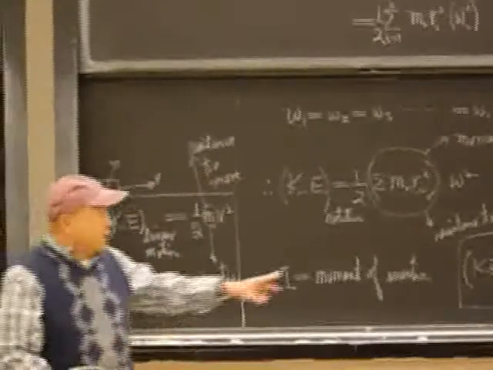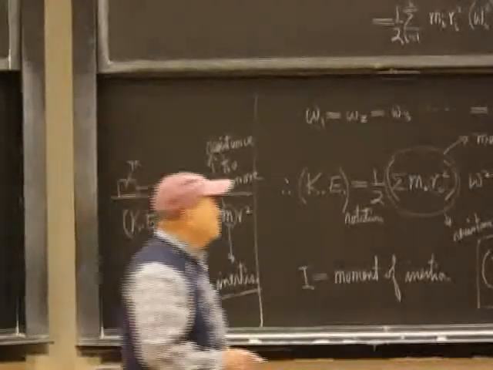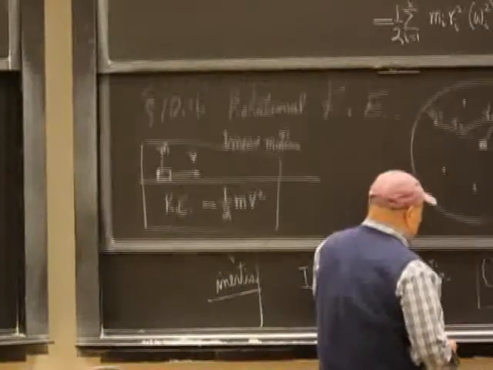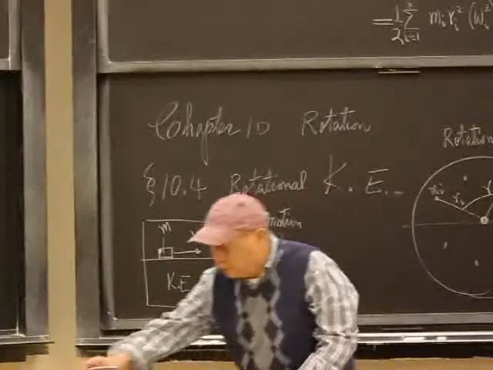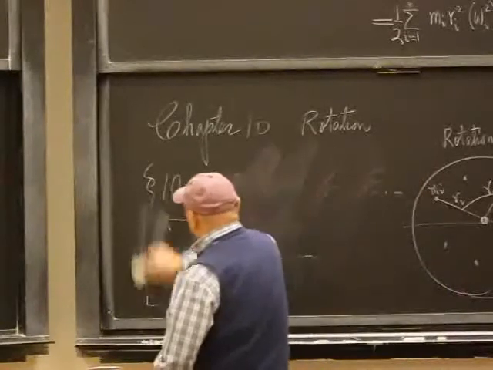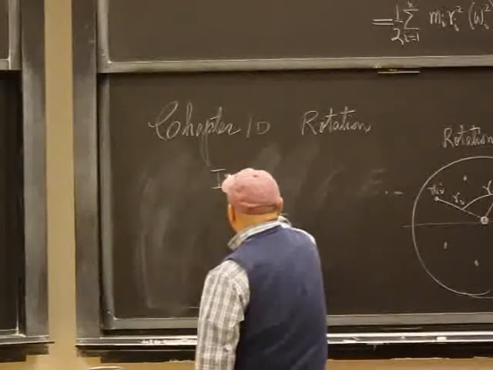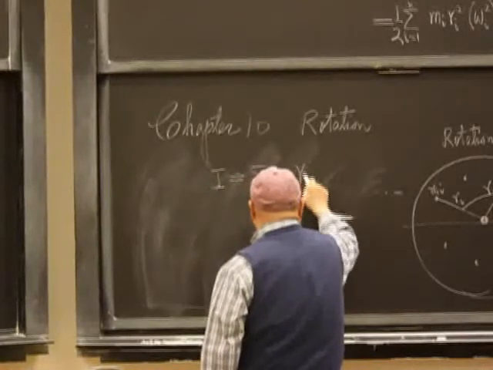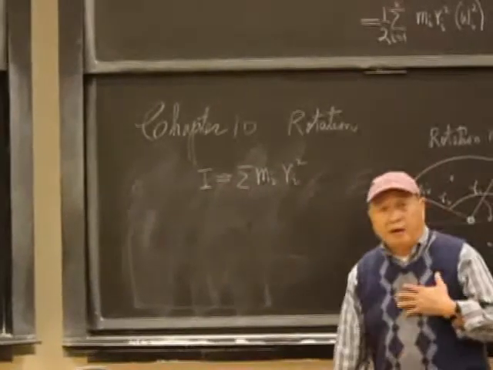The calculation is I equal to the summation of Mi Ri squared. With this in mind, supposedly we have an object. So I is equal to the summation of Mi Ri squared.